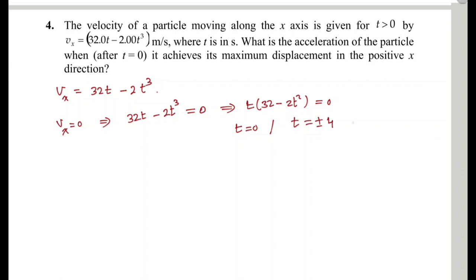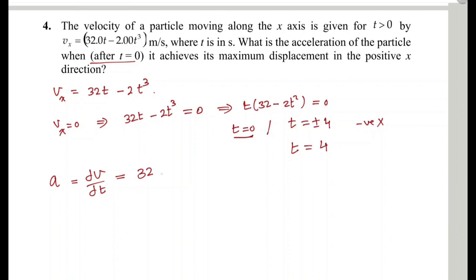Pay attention here, time will never be negative, so the negative is not an acceptable solution. And it says after t equal to 0, so the only acceptable solution here is t equal to positive 4.